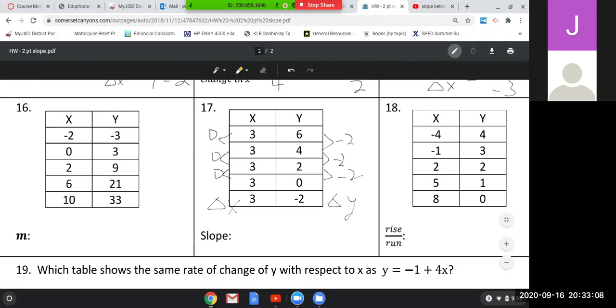My slope is delta y over delta x. And that equals a negative 2 over 0. Oh boy, negative 2 divided by 0. That should be raising alarms in your head. You can't divide by 0.